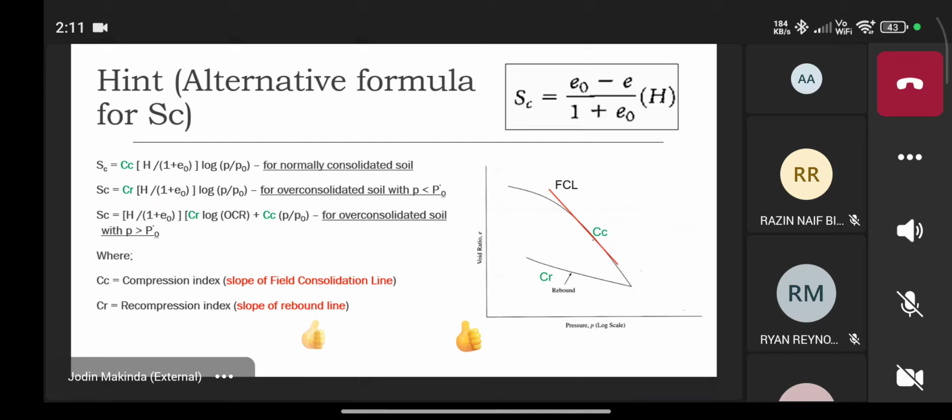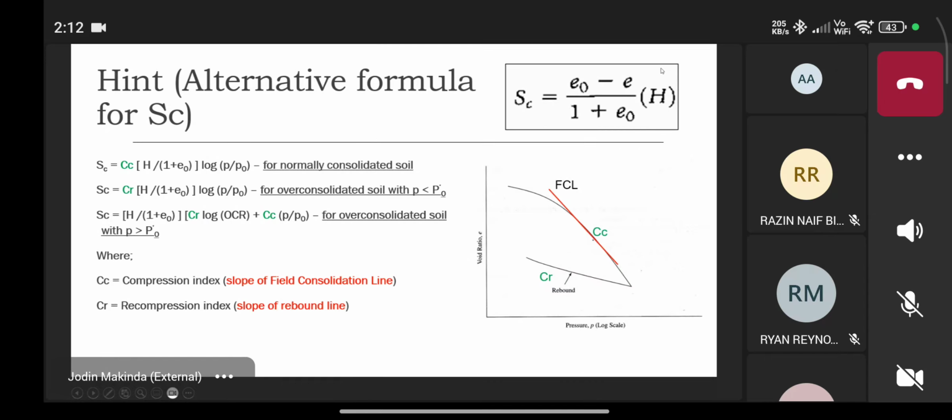Okay. So if we look into lecture 2, we focus on how you can calculate SC, which is the total settlement, if we know the layer profile of the site, and if we know the FCL graph, FCL, which is the field consolidation line.